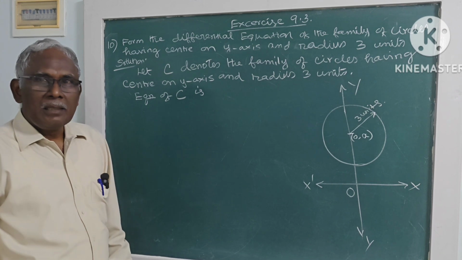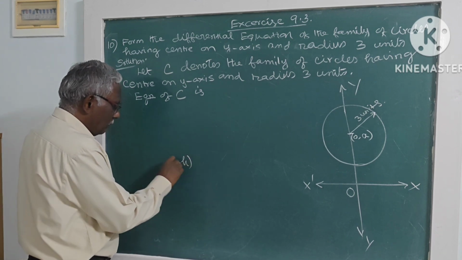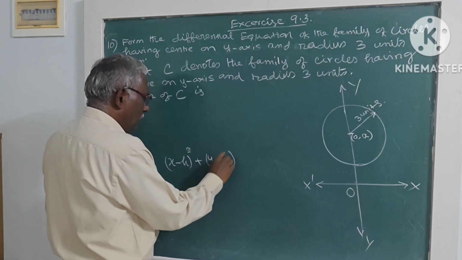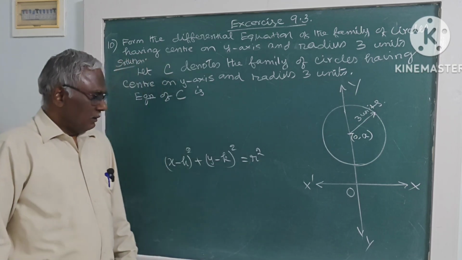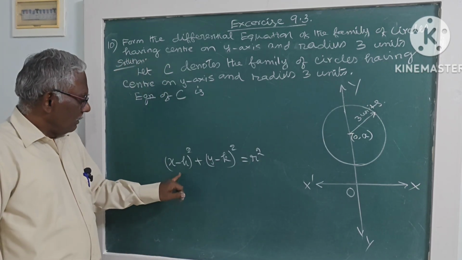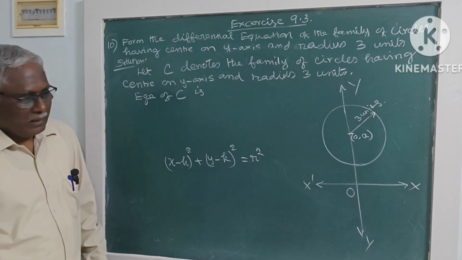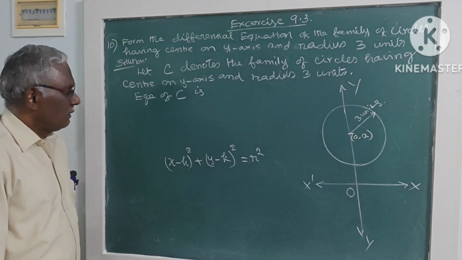So in general, equation of circle is x minus h whole square plus y minus k whole square is equal to r square. That means this circle has center at h comma k and radius r units. In this case, center is at 0 comma a.